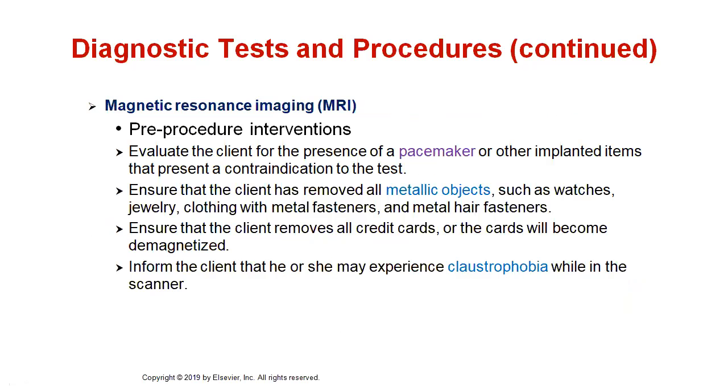So if your patient has to do the MRI, what do you have to teach them? Pre-procedure intervention, right? It is very important. We do MRI for the brain, abdomen, chest, and cardiovascular system, right?